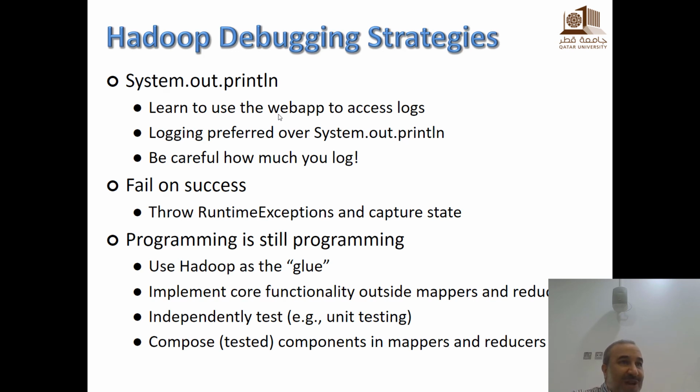As we usually do, we divide our code into modules, right? Same thing here. We have to have mapper and reducer classes, but they don't have to have all of your code. Do it the way that you used to do. And of course, compose these components within the mappers and reducers.